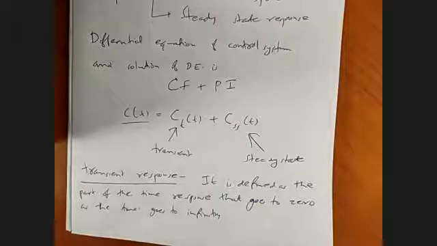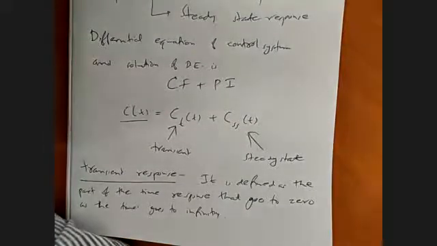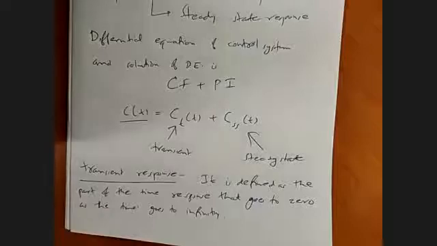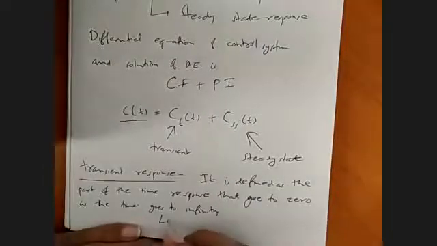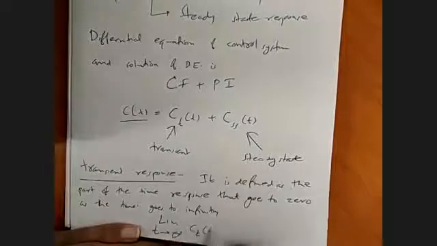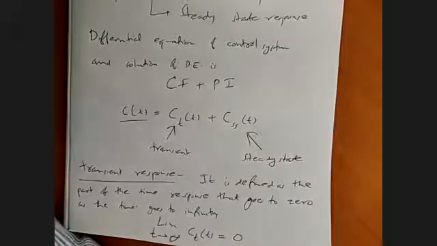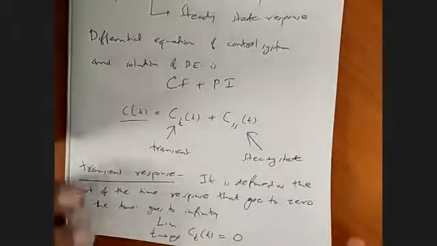The transient response is defined as that part of the time response that goes to 0 as time becomes very large. That means limit t tends to infinity, your C(t) will become 0. It shows the response of the system when input changes from one state to another.